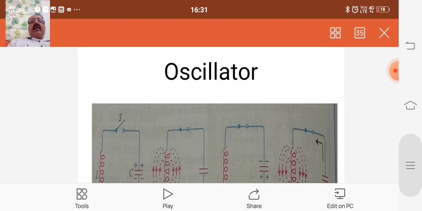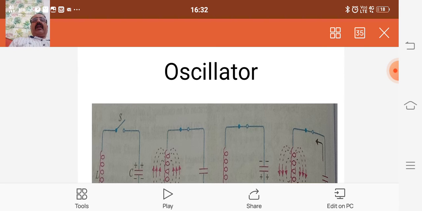Oscillators are extensively used in electronic equipment. For example, in radio and television receivers, oscillators are used to generate high frequency waves called carrier waves in the tuning stages.